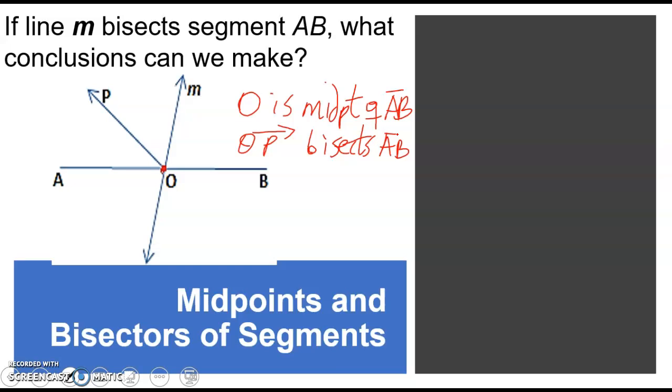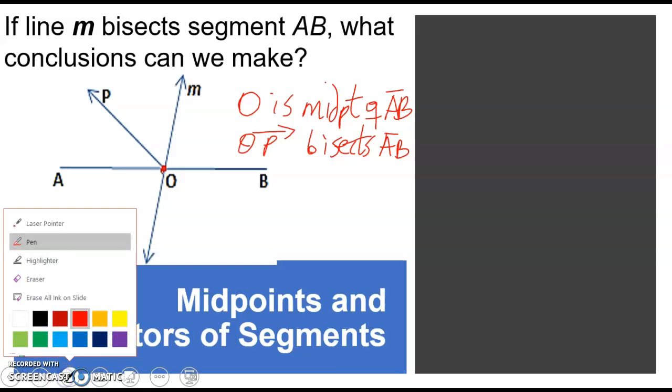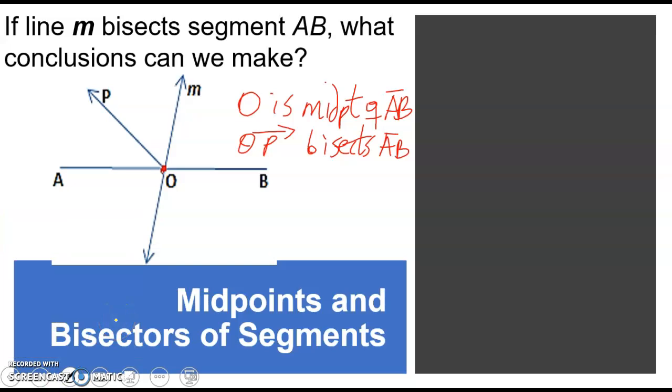Then if that happens, AO, which is this distance from here to here, is going to be 1/2 of AB.